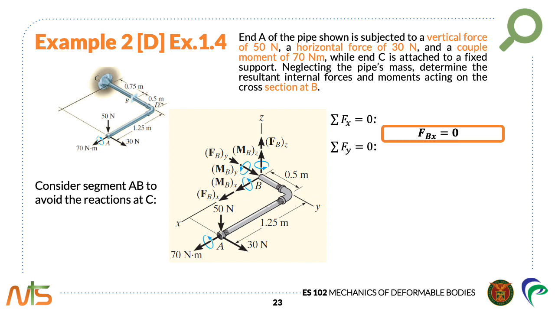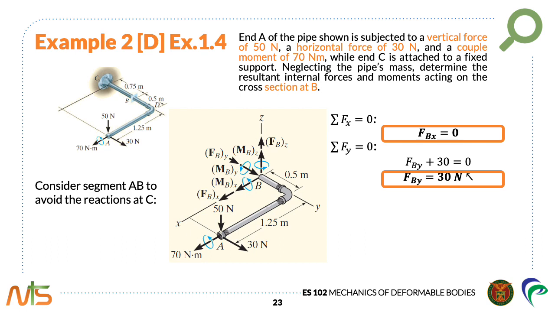Both are directed in the positive y direction. So we have Fby plus 30 equal to 0. To get Fby, we transfer the 30 to the right-hand side of the equation.